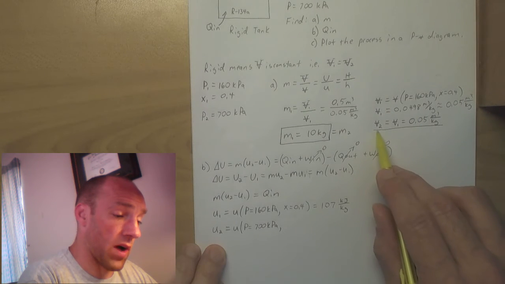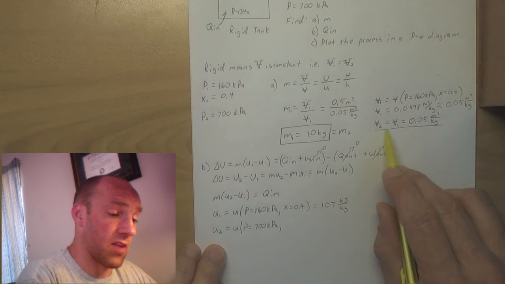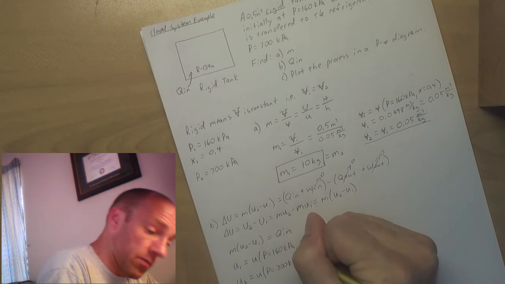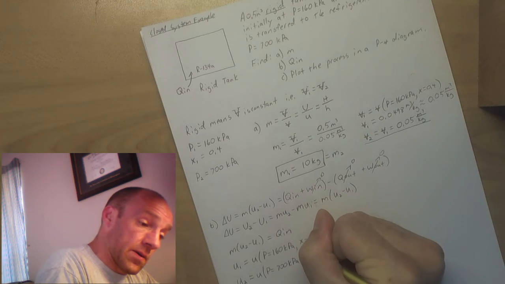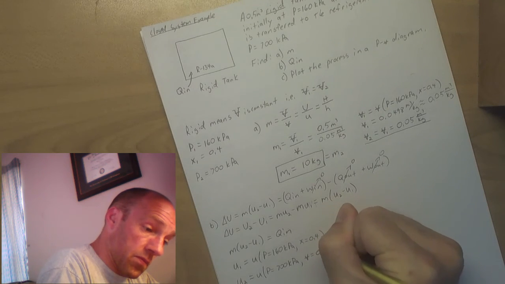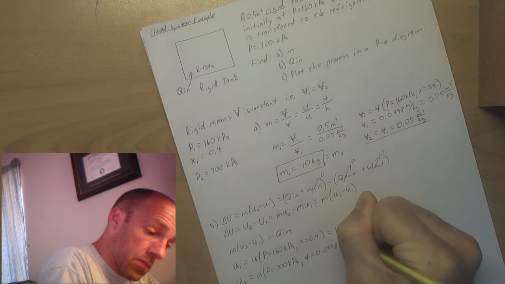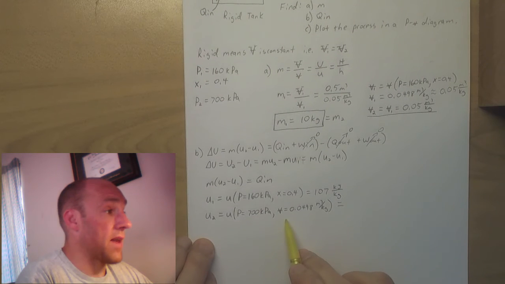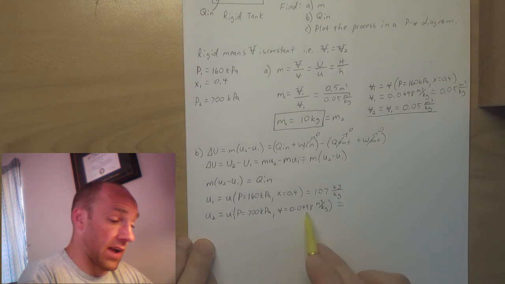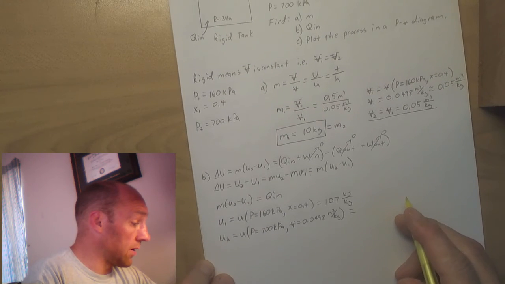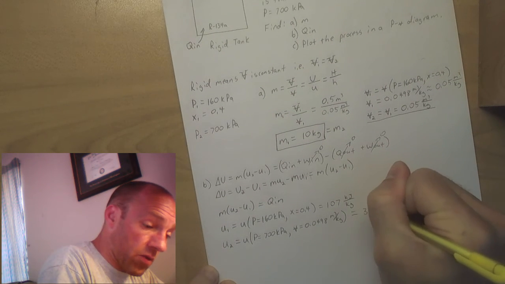All right, so I know that the specific volume at state 2 has got to be equal to the specific volume at state 1. So now I have two independent intrinsic properties, and I'm able to calculate the specific internal energy at state 2. And that comes out to 377.